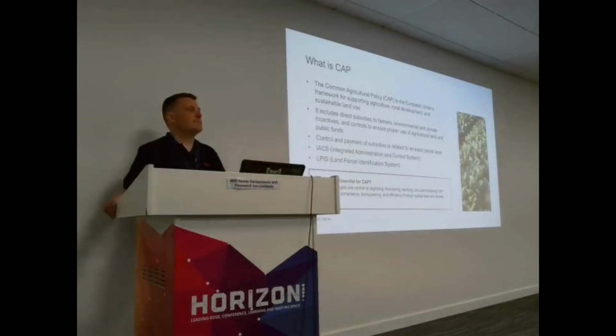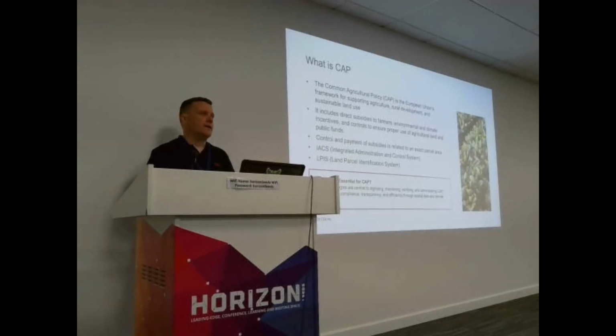So what is CAP? It's the common agriculture policy, something that the EU demands from each EU member state. Basically it's the framework for agriculture, rural development and sustainable land use.